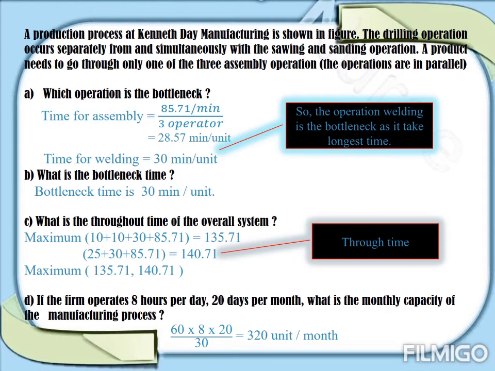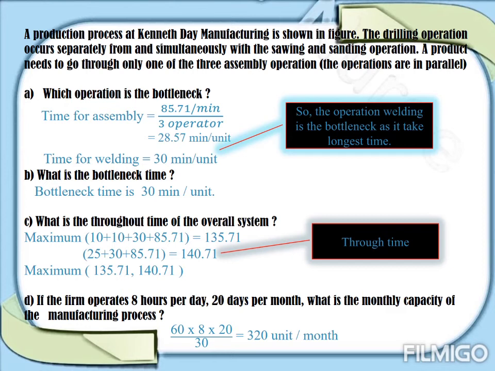As we know, the operation with the most time consumption will be the bottleneck. We may select the assembly operation as the bottleneck. But we should highlight from the information that a product needs to go through only one of the 3 assembly operations. That means the assembly operations are working in parallel, so 3 operators are working in the assembly process.